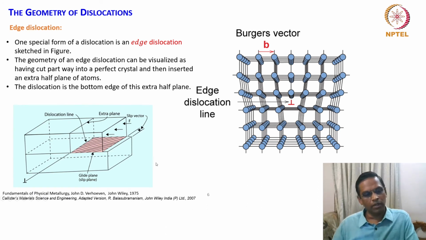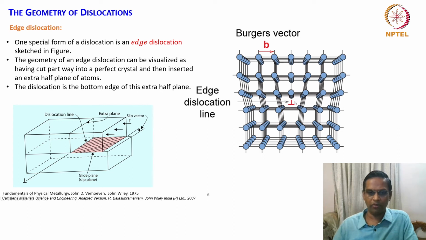The other schematic shown here also shows the edge dislocation, but it gives a little more information. What is the other information? There is something marked B here, and there is a symbol for the edge dislocation line. We will see what this line is.